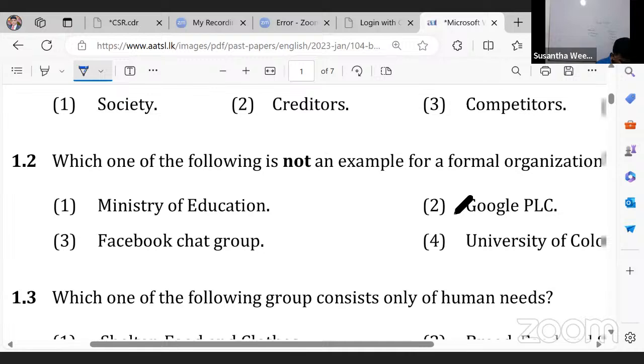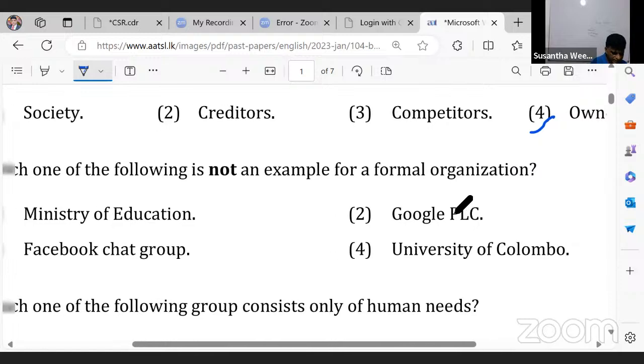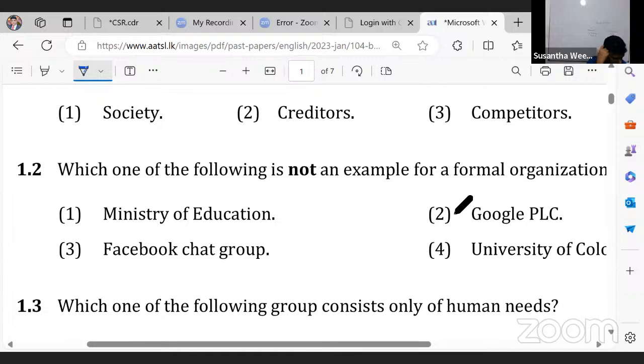Which one of the following is not an example of a formal organization? Organizations we can categorize based on different categories. Some are formal, some are informal. Formal organizations mean there is a particular hierarchy. Sometimes there is a registration of the organization, and there's a legal foundation for all this. Ministry of Education, that is a public sector formal organization.